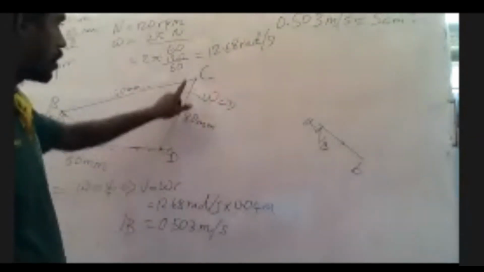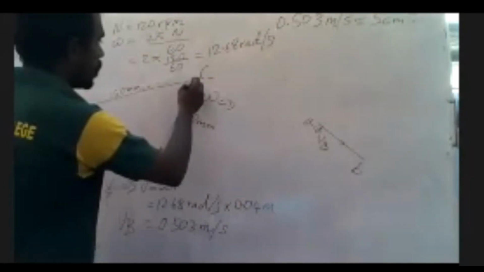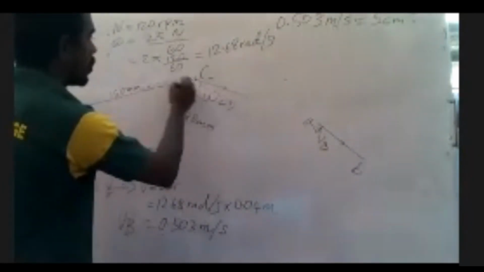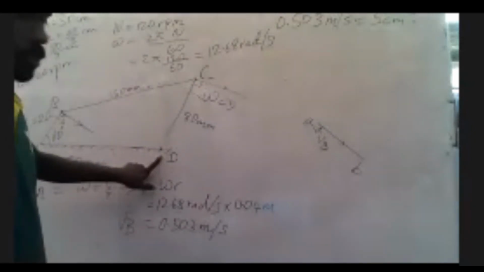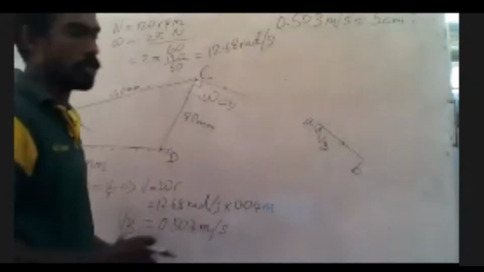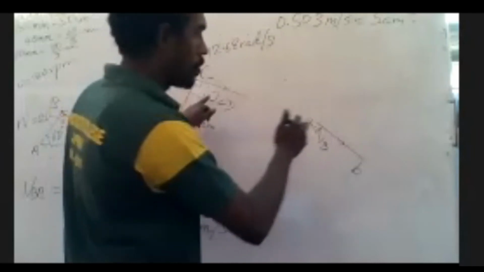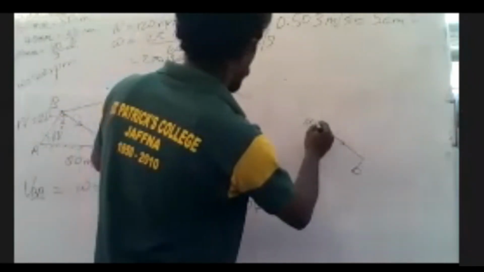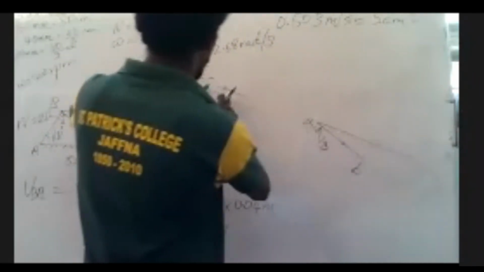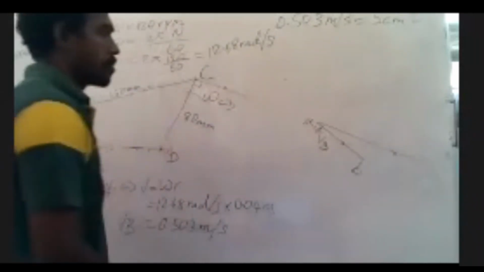Now I will draw for CD. That is again going to be perpendicular to CD. D is a fixed point, and CD is in this direction. I don't know the magnitude, I know only the direction, so I draw another line parallel to this.